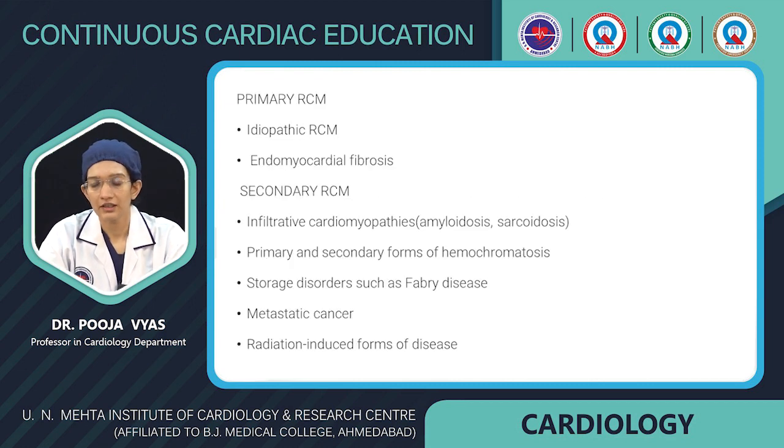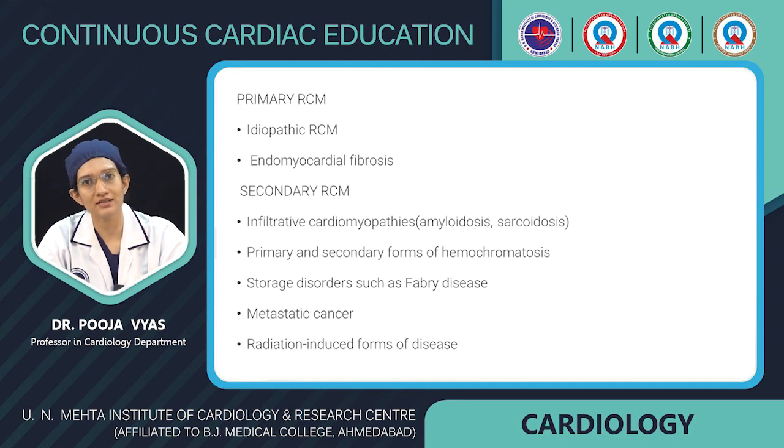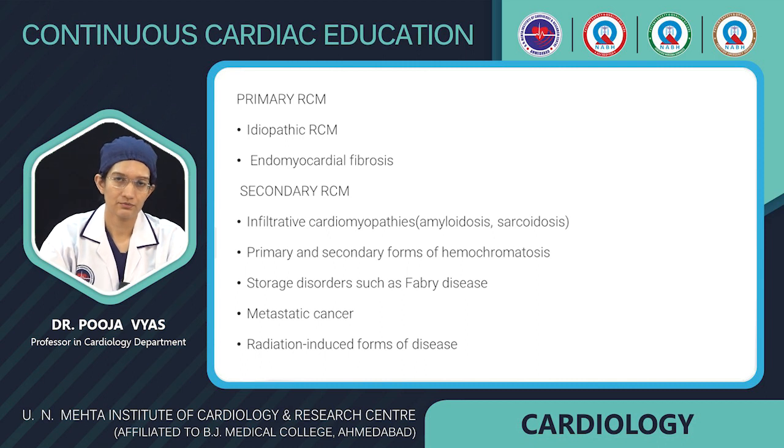So if we differentiate it into primary and secondary restrictive cardiomyopathy, then we can put idiopathic restrictive cardiomyopathy and endomyocardial fibrosis under the group of primary restrictive cardiomyopathy.